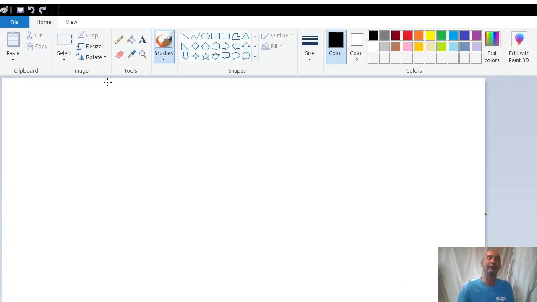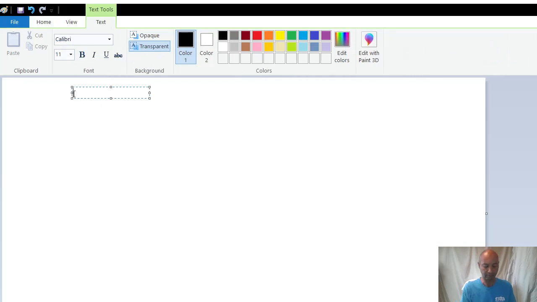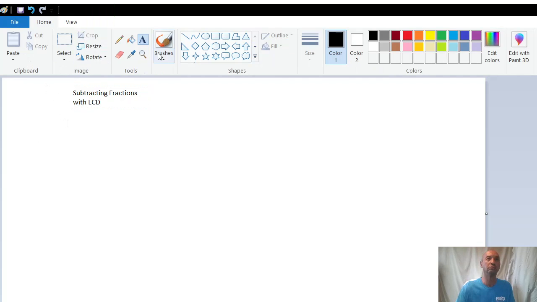Now let's try subtracting a couple of fractions. The process is the same. We're going to look for the lowest common denominator. And we'll just do a couple of examples to illustrate.